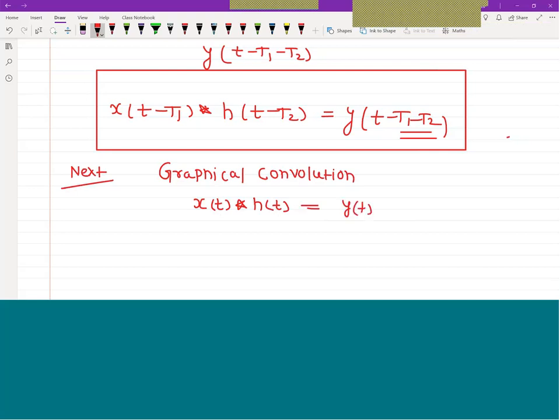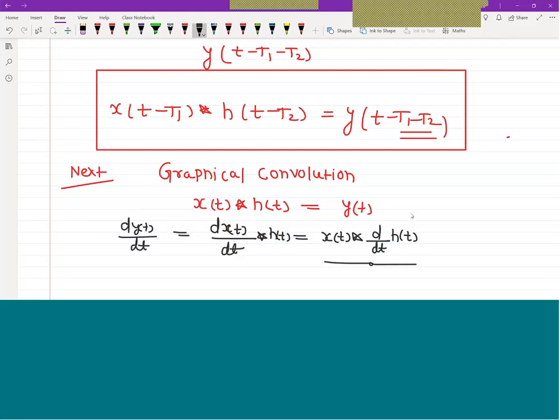Then what do we have to prove? We are interested in this. What about dy of t divided by dt? Can I say this is dx of t by dt convolution with h of t, and this is equivalent to x of t convolution with d by dt of h of t?